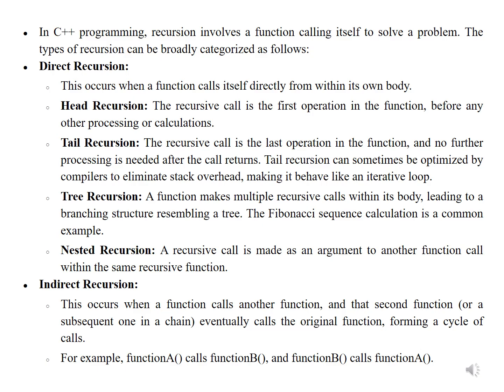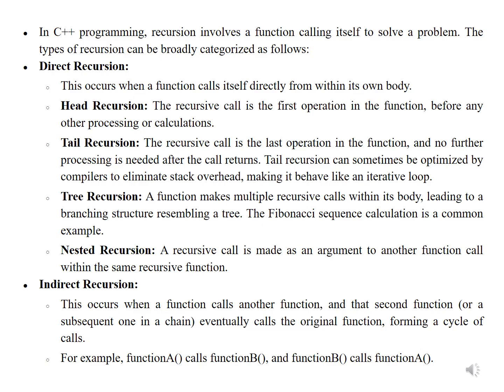Tail recursion: the recursive call is the last operation in the function, and no further processing is needed after the call returns. Tail recursion can sometimes be optimized by a compiler to eliminate stack overhead, making it behave like an iterative loop.